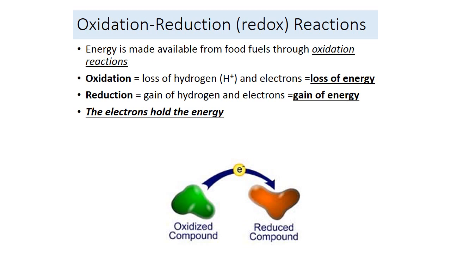So if something is being oxidized, it's losing electrons, which means it's losing the energy stored in that bond. Whenever something is oxidized, something else has to be reduced. If something is being reduced, it means it's gaining electrons, which means it's gaining energy. So in a bond, it's the electrons that create the bond between molecules, and it's the electrons that are holding the energy.